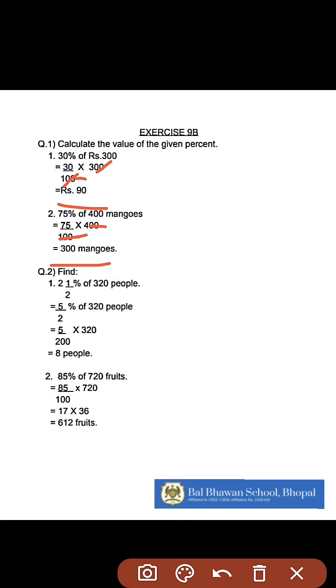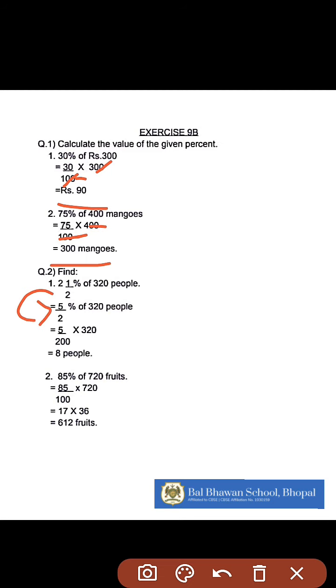In the second question, also we have to find out the percentage of a given quantity. So here the first one, that is 2 whole number 1 by 2%, that is 2.5% of 320 people. So here first we need to convert 2.5 to an improper fraction.